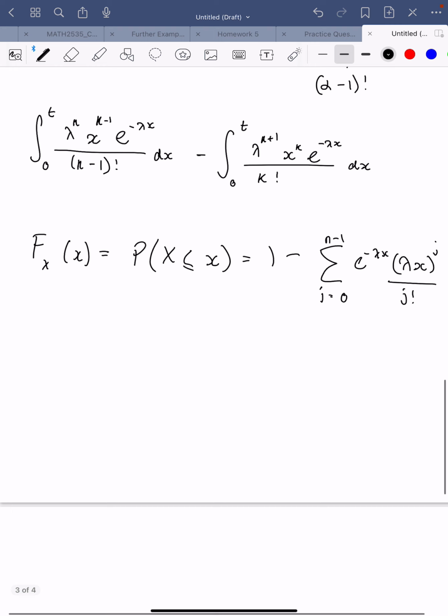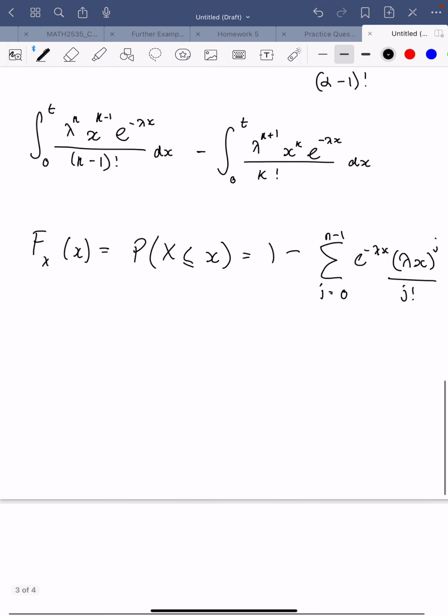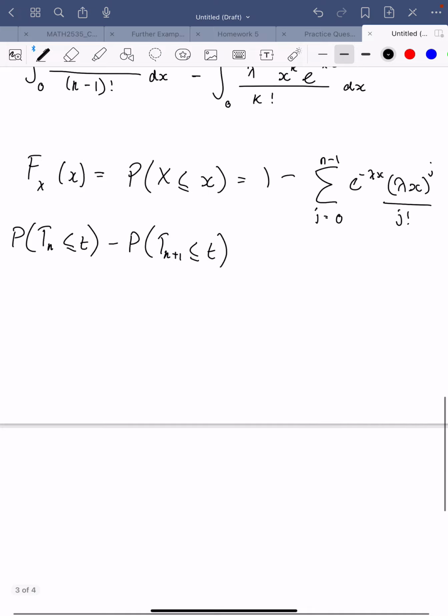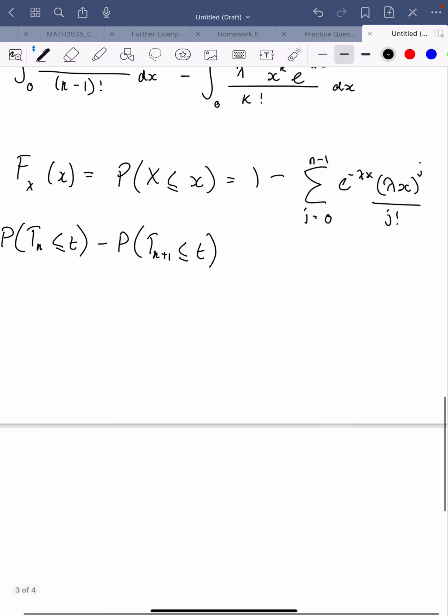So we're working out P(T_k less than or equal to t) minus P(T_{k+1} less than or equal to t). We're going to replace our n with k and k plus 1, and we're going to replace our x with t.